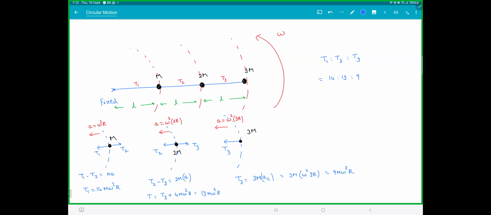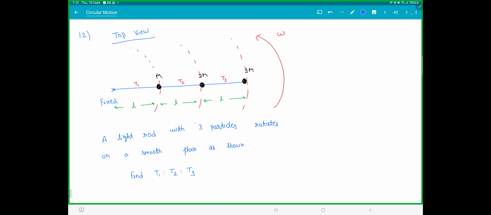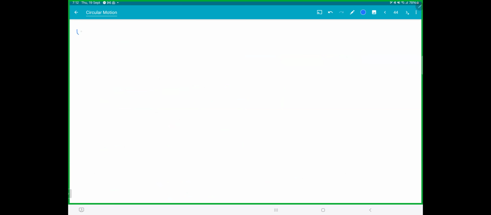Let's see one more. Turning the page. We have a pendulum here. This is called a conical pendulum. This is going in a circle like this.